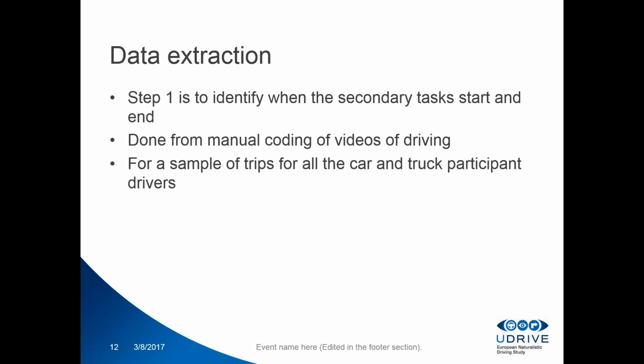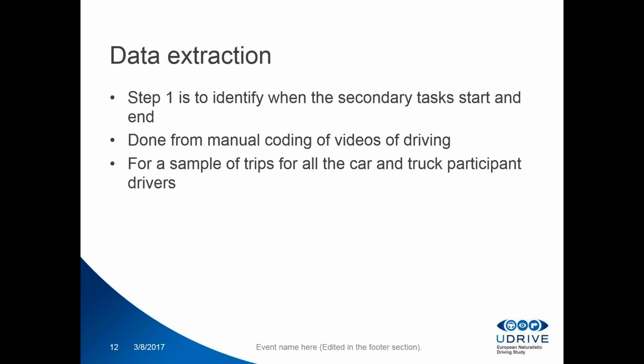After quite a lot of discussion about the sampling procedure, we decided that if we recruited somebody, we wanted to make sure that we were able to understand the possibility or the probability of that individual engaging in secondary tasks and the circumstances in which they might do that. So for each individual, we're going through a sample of trips.